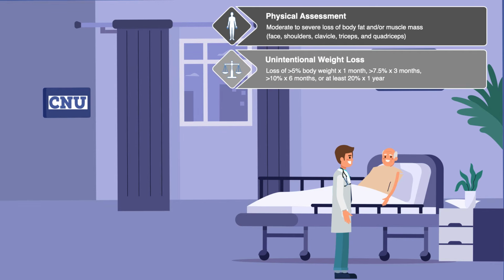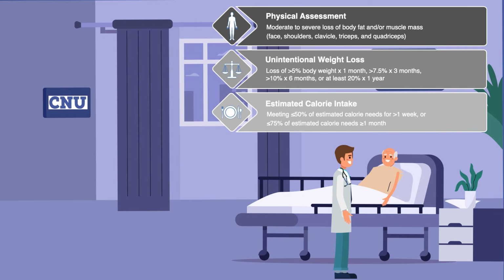For unintentional weight loss, the patient will have a loss of greater than 5% of body weight in 1 month, greater than 7.5% of body weight in 3 months, greater than 10% of body weight in 6 months, or at least 20% of body weight in 1 year.